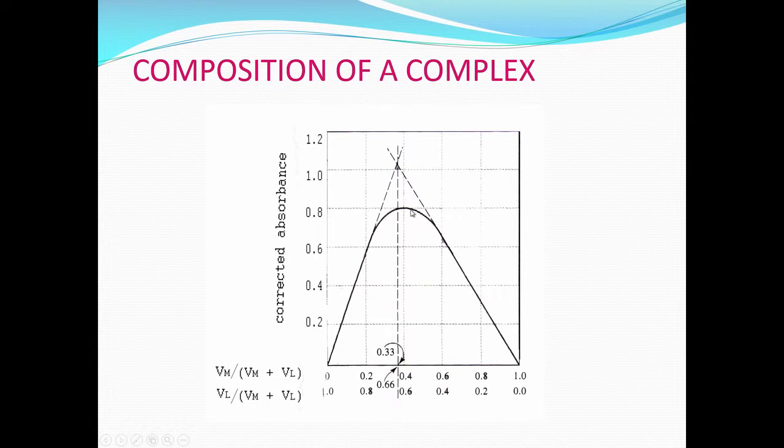Suppose it is 0.5, the inflection would be somewhere here, a 1:1 complex at 0.5. And similarly, if it is 1:3, you can calculate where the inflection point would be coming, and we can always determine using this method. This is a very well known method, and this Job's ratio method is a very well known and foolproof method.